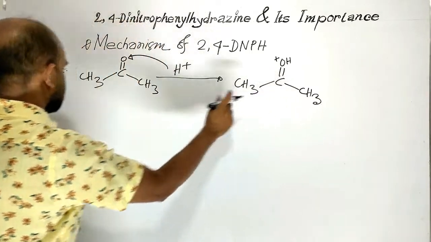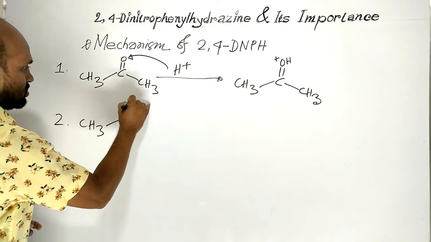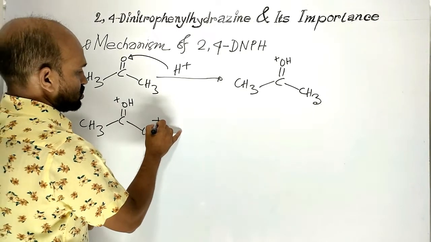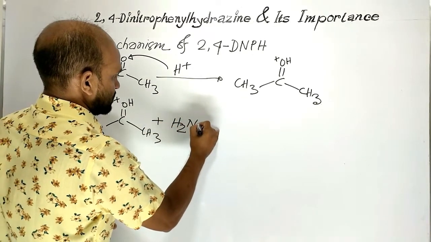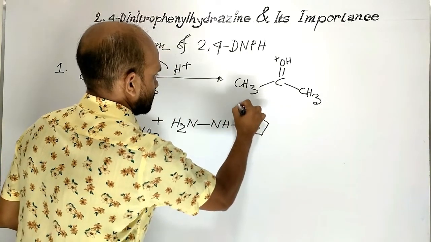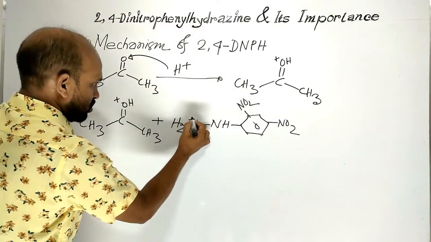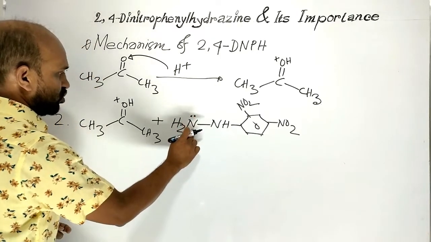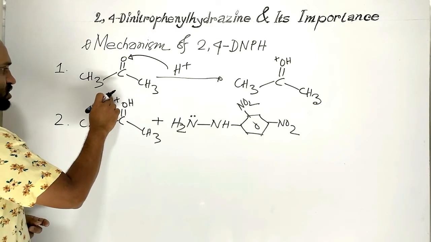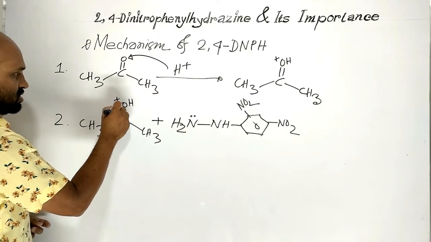Now this ion at step 2 combines with 2,4-DNPH in this way. Here lone pair of electrons present over nitrogen, and in this bond, because of this positive charge, pi bonded electrons move towards oxygen.